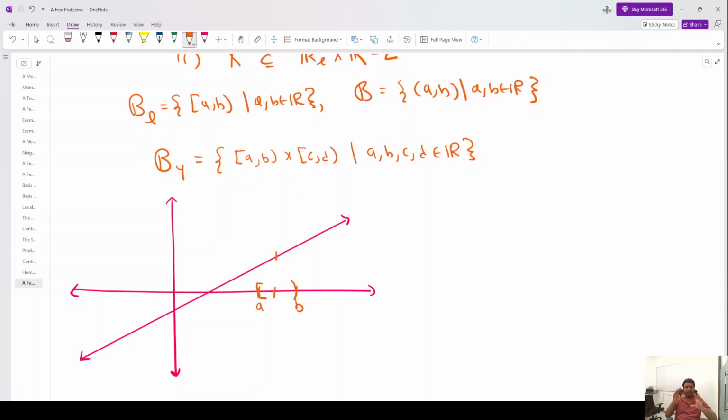Then I will look at what's happening in the subspace. Because if you have the basis of the ambient space, what will be the basis of the subspace? You just intersect with them, with the subspace. So let's say you have some C here, and this is some open D. So let us properly try to plot this.